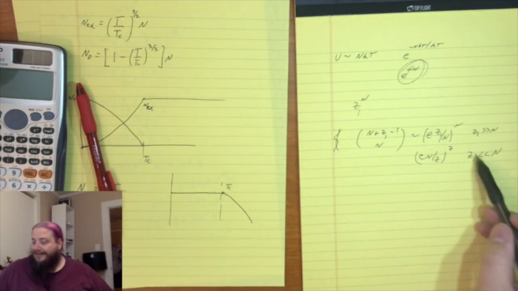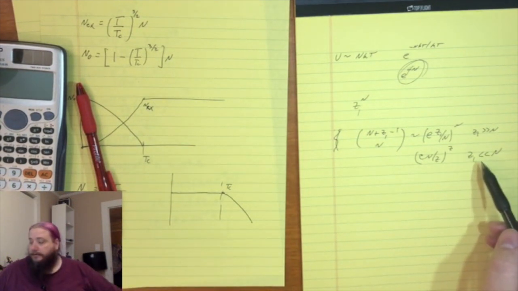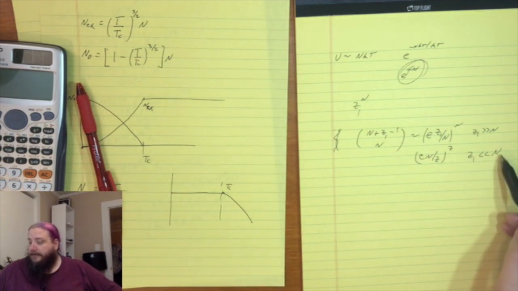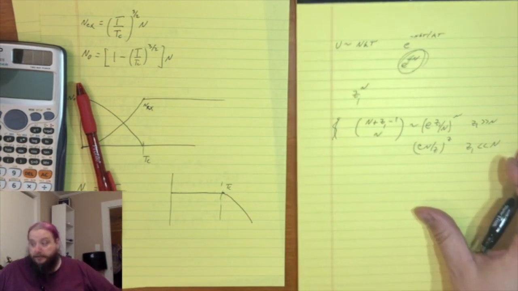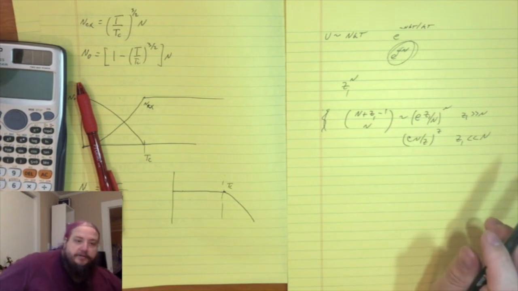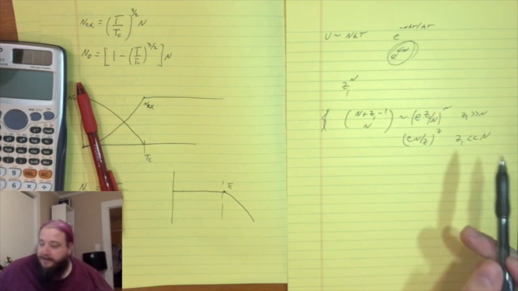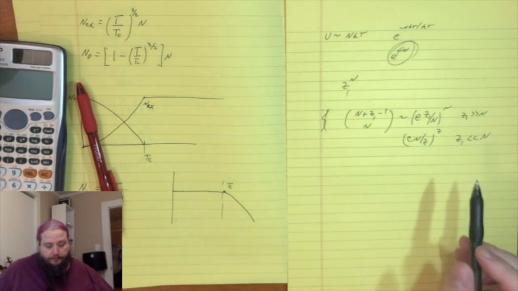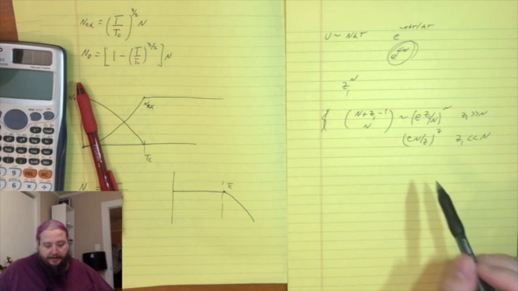So if the number of states for a single particle at our energy kT is smaller than the number of particles, these solutions will be familiar. They're essentially the same solutions that we saw for the Einstein solid in the high and low temperature limit.